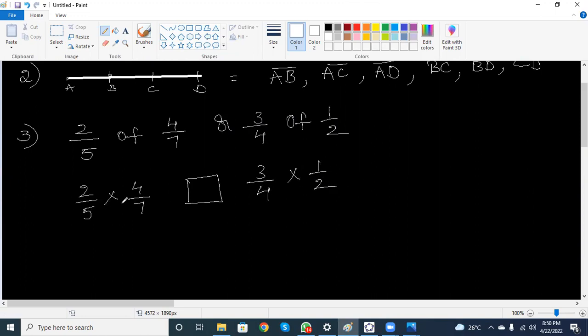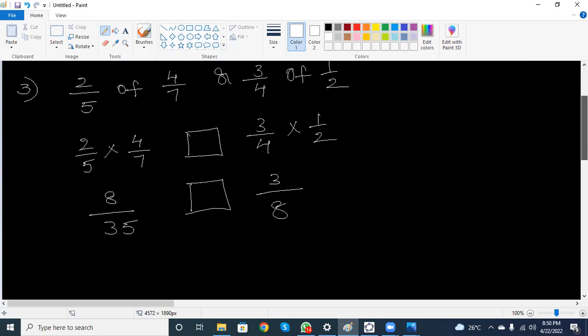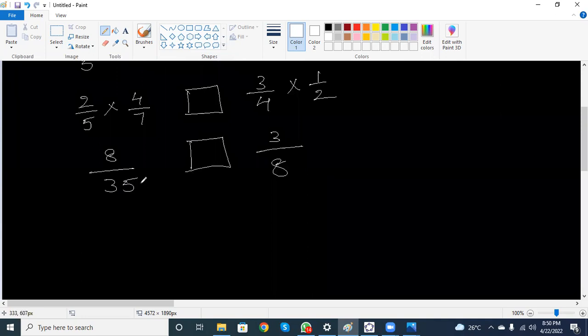Are there any cancellations? No. So multiply the numerators: 2 4s are 8 over 5 7s are 35. And 3 1s are 3 over 4 2s are 8. So we can't decide which is greater here. Let's equalize the denominators by taking the LCM so we can compare the numerators.